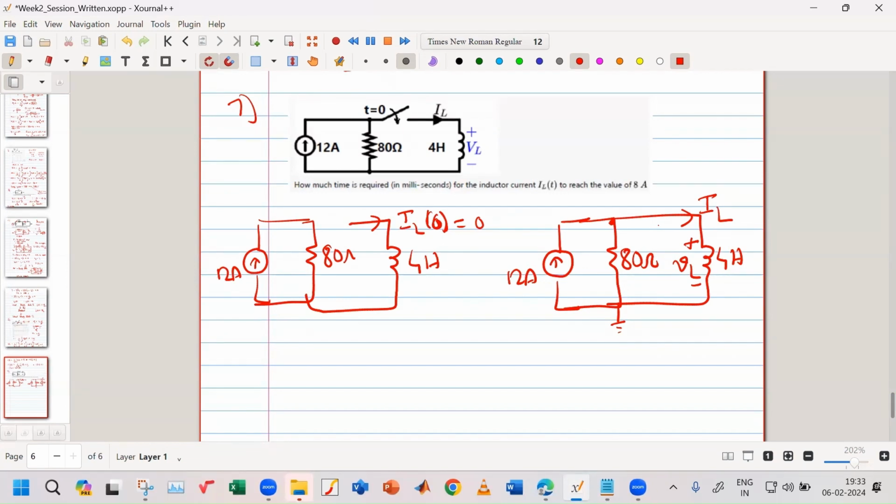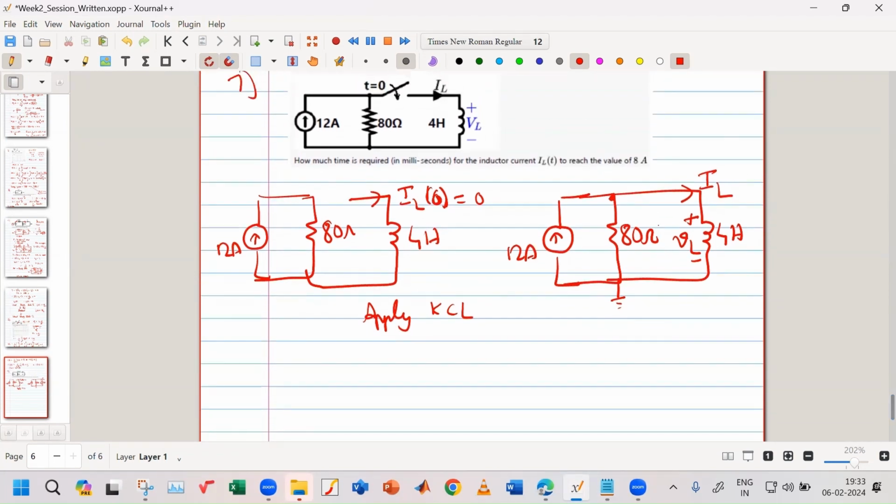So I will apply KCL. What is KCL? The sum of the currents entering is equal to the sum of the currents leaving. So 12 ampere is entering into this node. Then the current leaving is VL upon 80 plus IL.